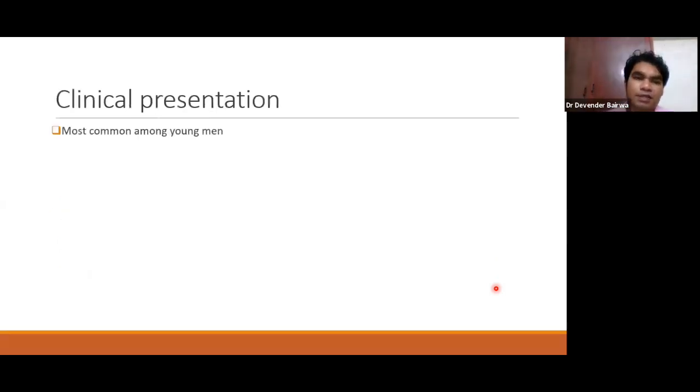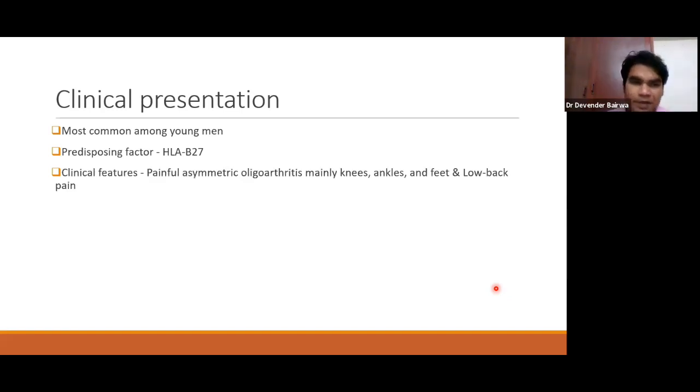Clinical presentation: generally it occurs among young men. HLA-B27 increases the risk of reactive polyarthritis, mostly because of molecular mimicry. Clinical features: they generally present with painful asymmetric oligoarthritis, mainly of the lower limb joints including knees, ankles, feet, and sometimes there can be low back pain also.